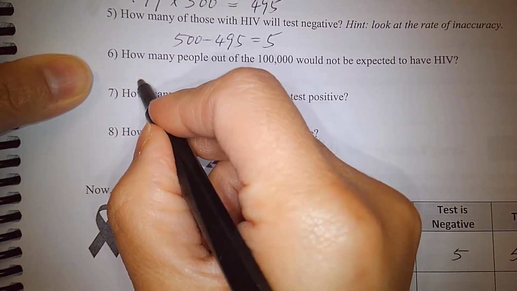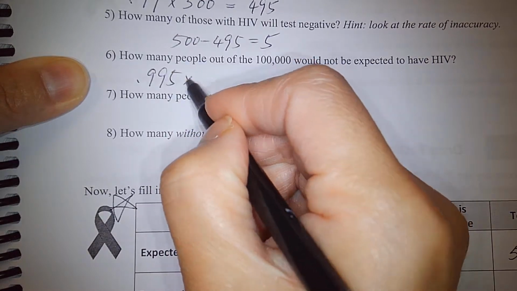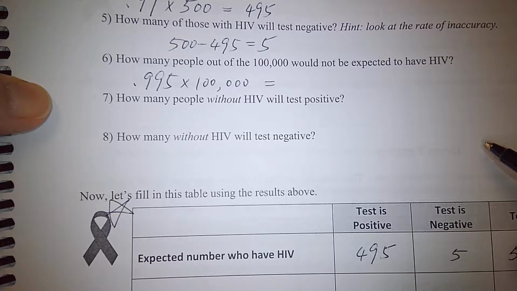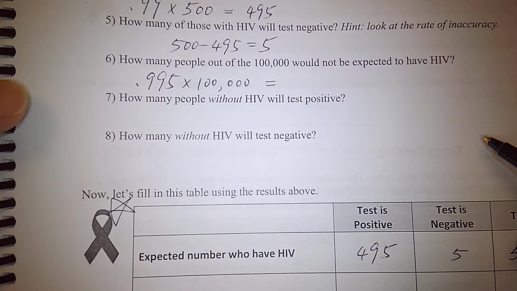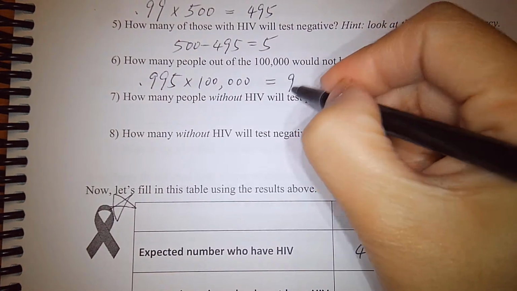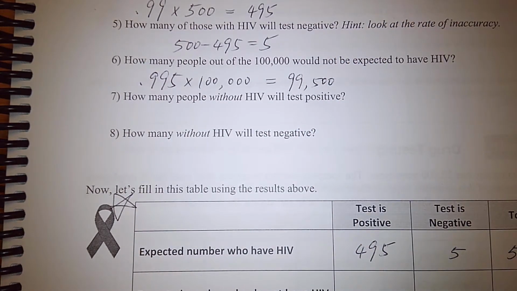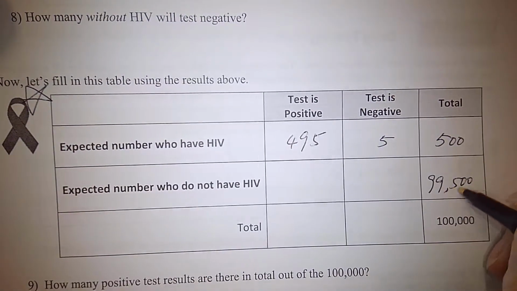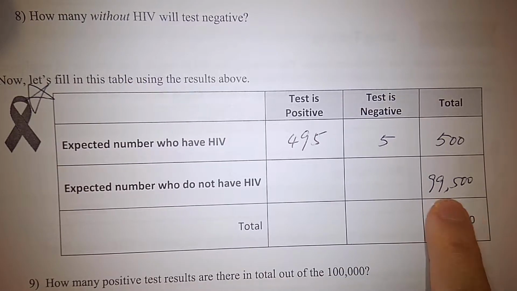So 0.995 times 100,000 gives $99,500. So 99,500 people are expected to not have HIV.